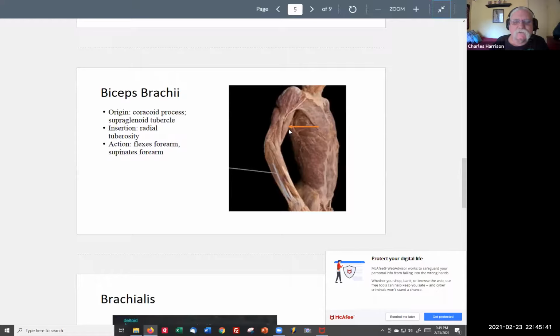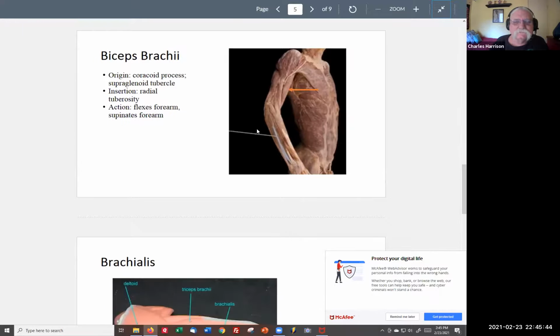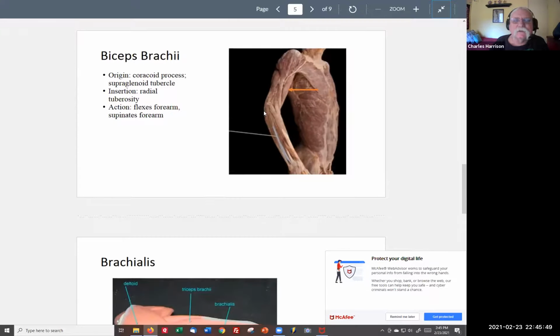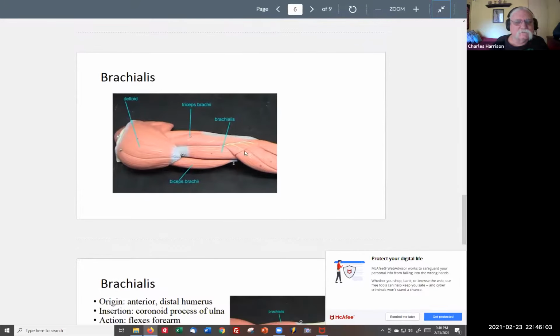Here it is on the cadaver. The brachialis, backing up, is right beside the biceps brachii. Biceps is here, the brachialis is here. So now we look over here. Here's the deltoid. We have to take a second out to get our orientation.